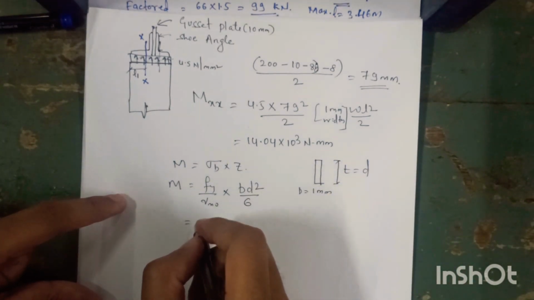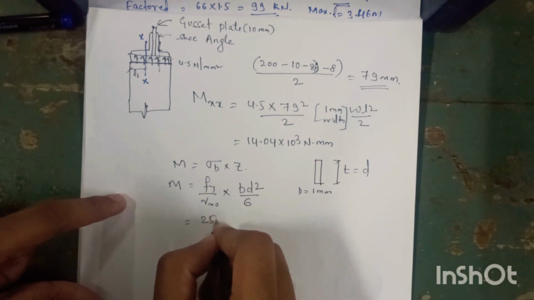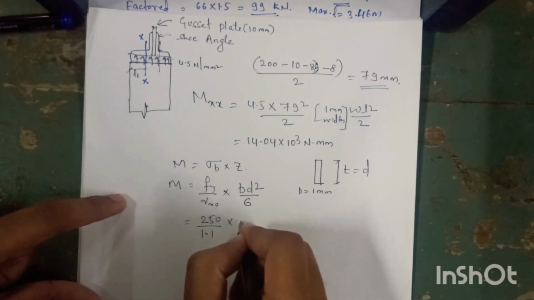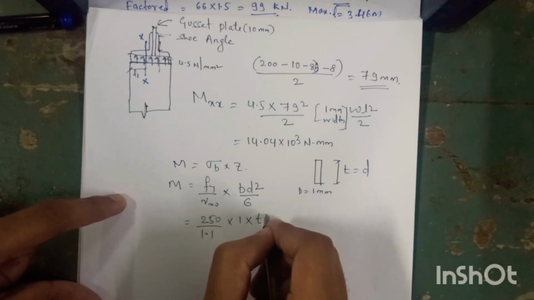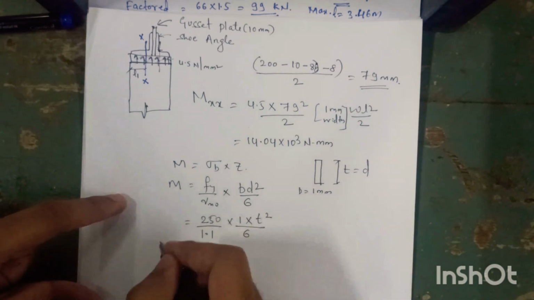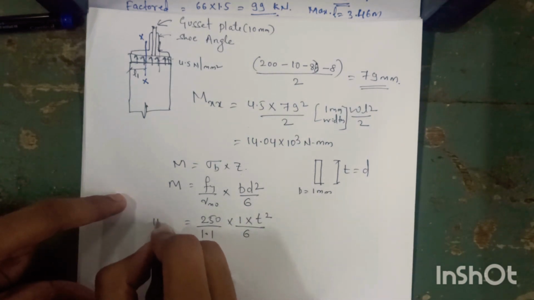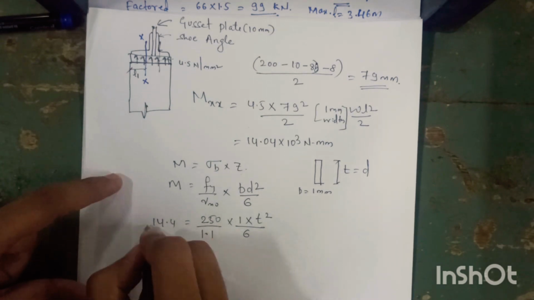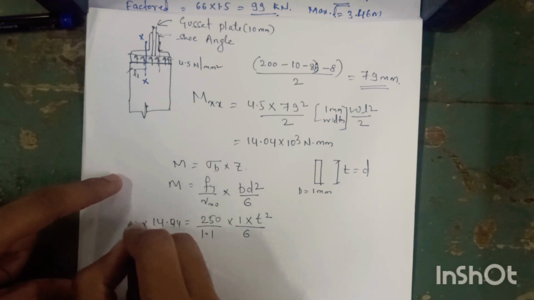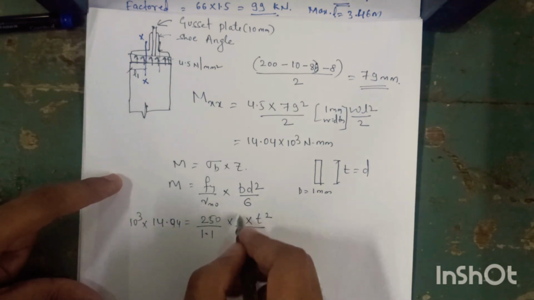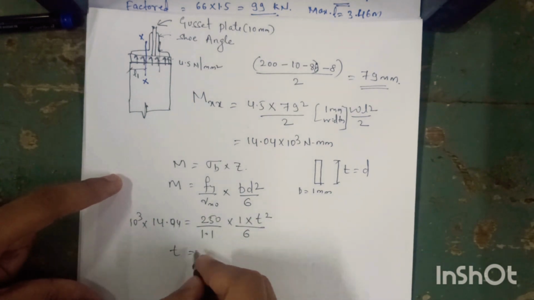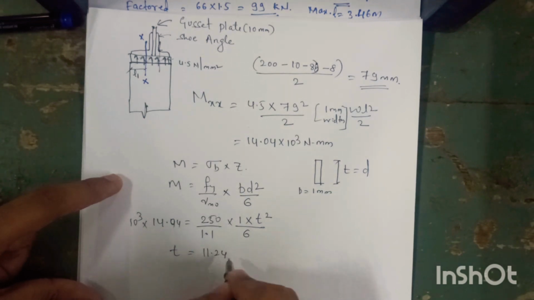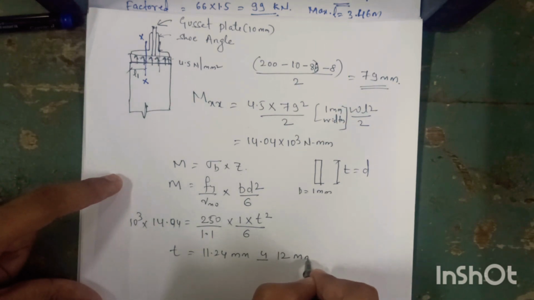Substituting all those values, 250 divided by 1.1, B is 1, D is nothing but T square divided by 6, and the moment to be resisted is 14.04 into 10 to the power 3. So the only unknown is the thickness, which we get as 11.24 mm, which we are rounding off to 12 mm.